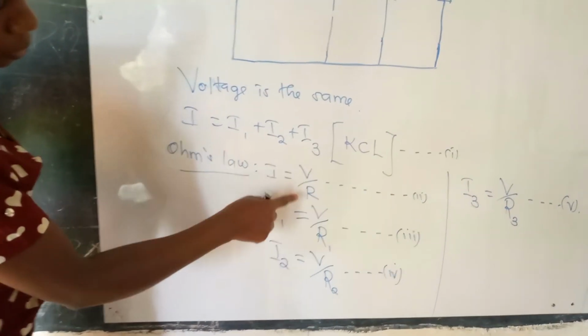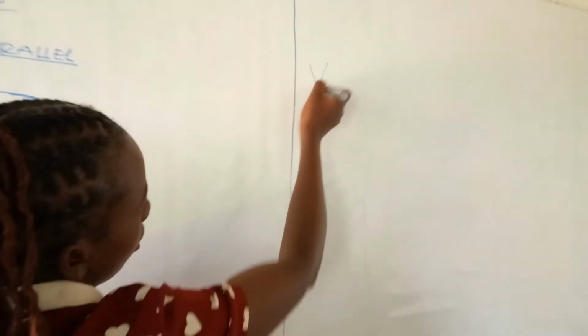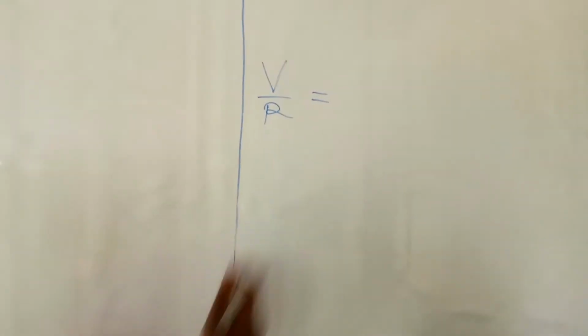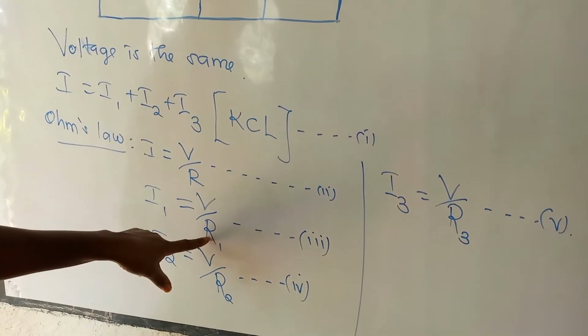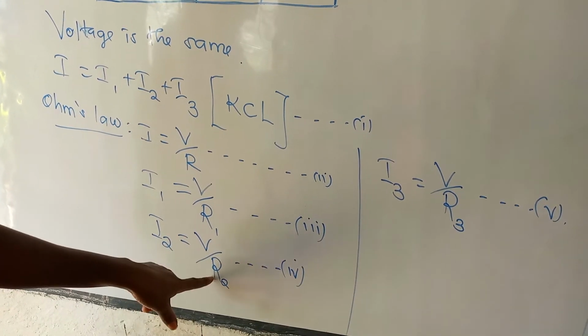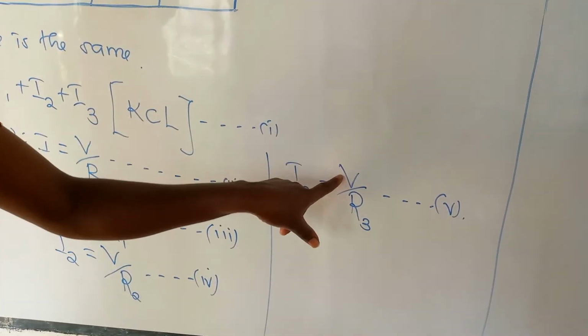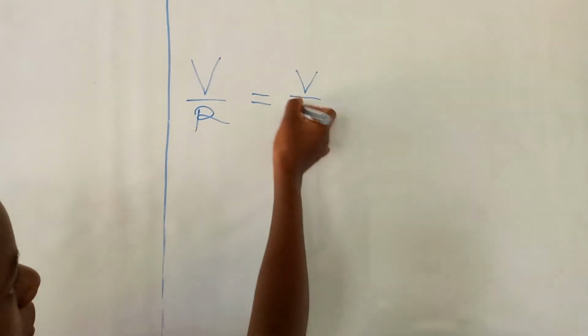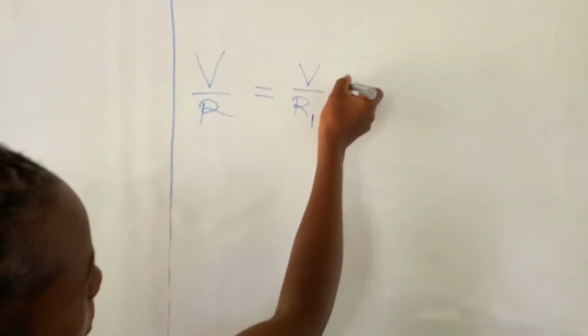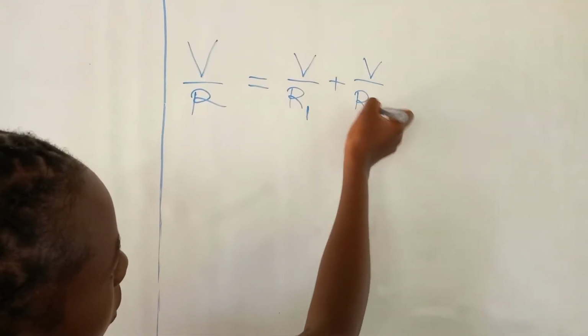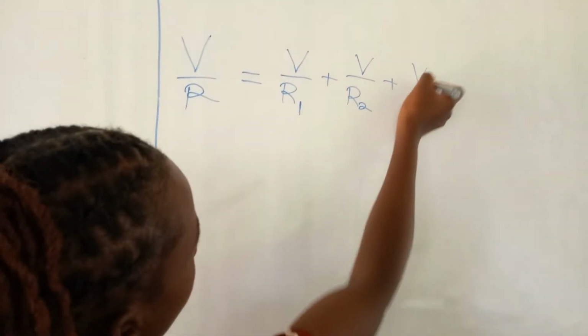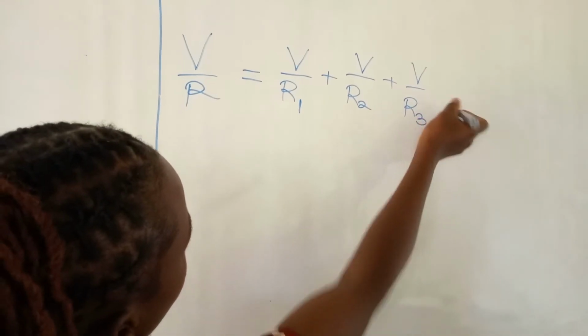Instead of I, I'm going to write V over R. So V over R is equal to V over R1 plus V over R2 plus V over R3.